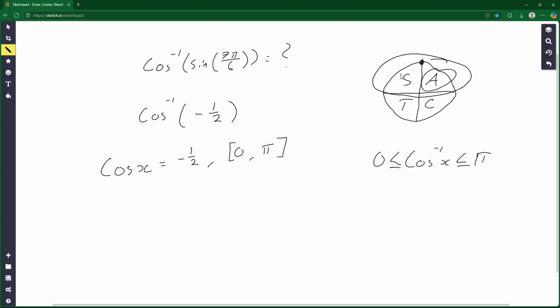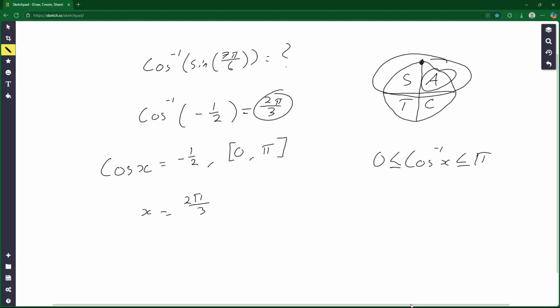So we know that it has to be past pi over 2. So we're going to get something over pi over 3, but since pi over 3 is in this area right here, and it's not quite pi, it's going to be 2 pi over 3. So this is just going to equal 2 pi over 3.